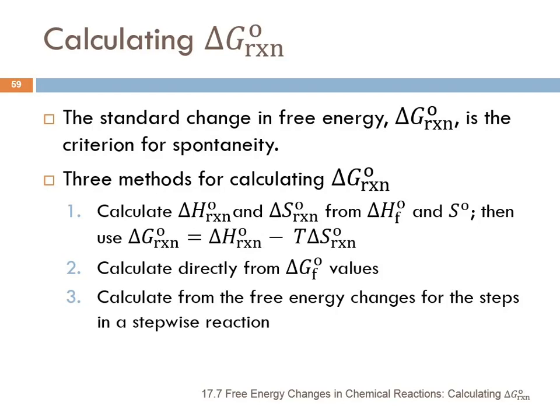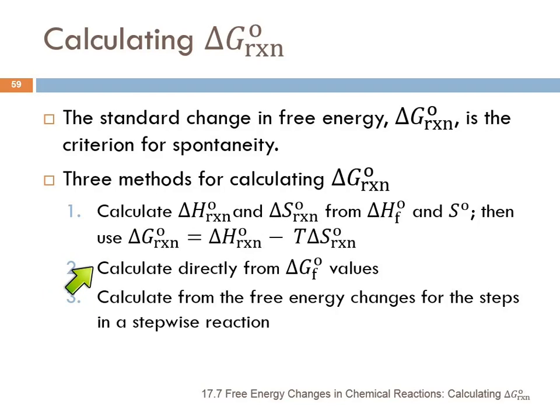There are 3 different methods that you can use to calculate delta G. So we're just going to look at the first one today, and we'll save the other 2 for Wednesday. We can calculate the change in enthalpy for the reaction and the change in entropy for the reaction from standard heats of formation and standard molar entropies, and then plug those into this Gibbs free energy equation.